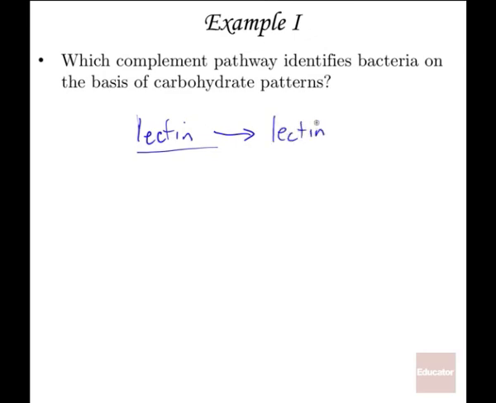Now, what did lectin mean? Remember, it was a particular configuration of a carbohydrate. So basically, the lectin pathway is the complement activation in the presence of lectin patterns on the bacteria.